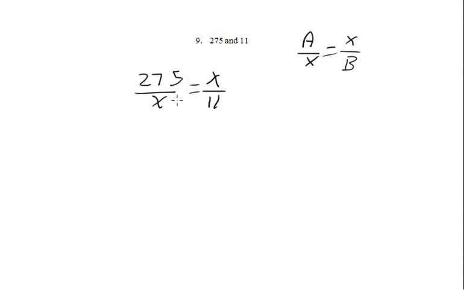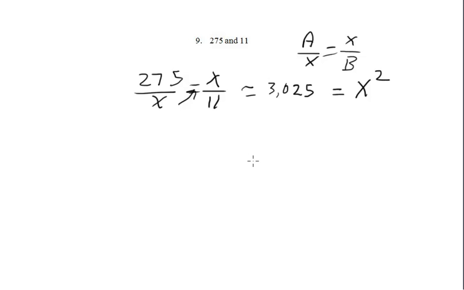And if I multiply, I have to get my calculator out. So 275 times 11 equals 3025, which is equal to, right here, x times x, x squared.